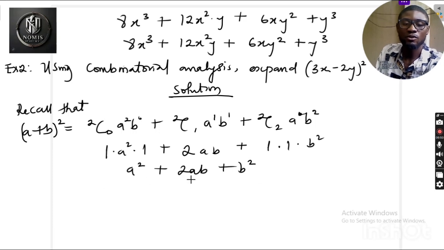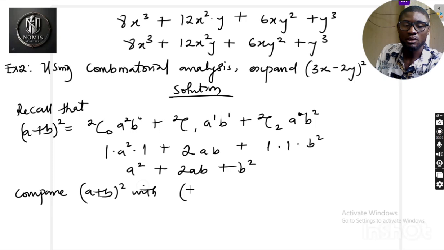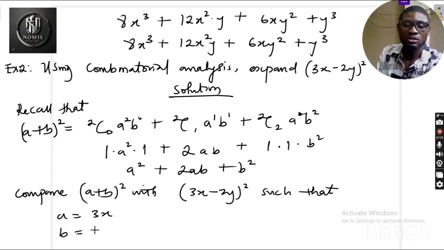So now that we've gotten this, we are going to compare what we got from (a + b) squared with our given expression, that is (3x - 2y) raised to the power of 2, such that a is equal to 3x and b is equal to minus 2y.